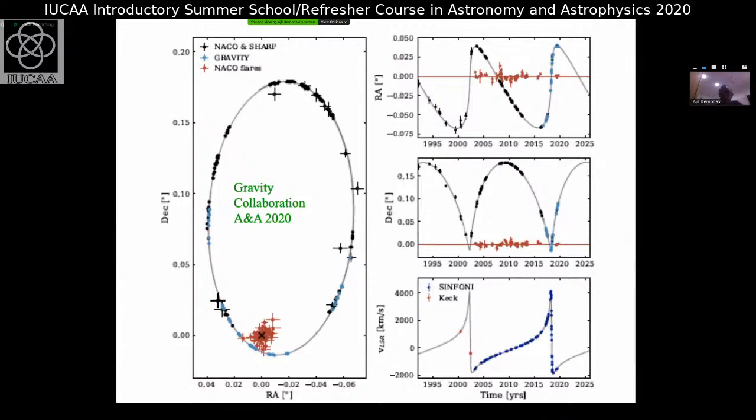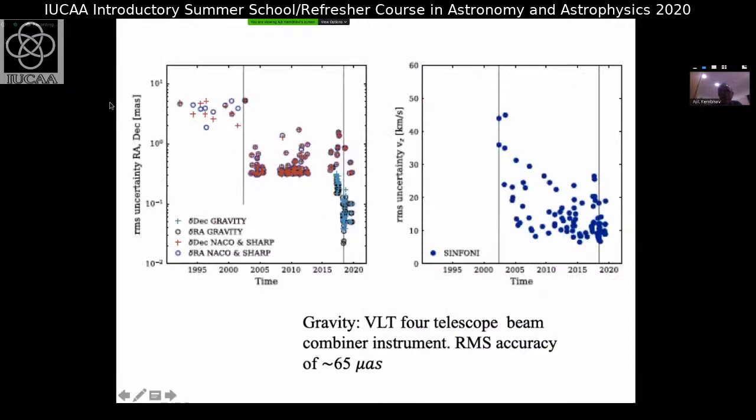So how accurately? Look at this here. These are the original measurements in 1995, and the RMS uncertainty is about a few milliarcseconds, and these are the positions in 2019. You see that the RMS accuracy is more like 0.1 milliarcsecond.